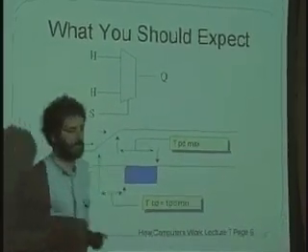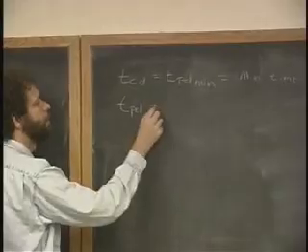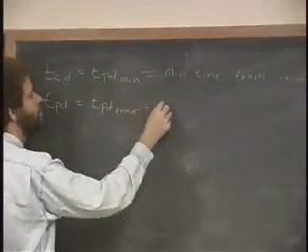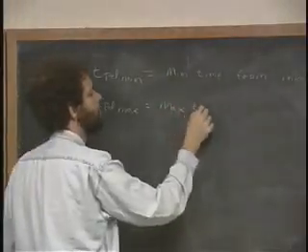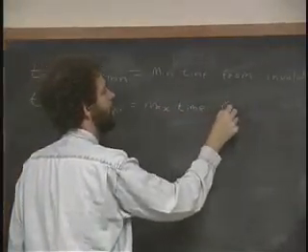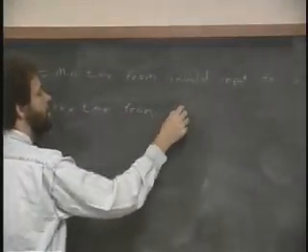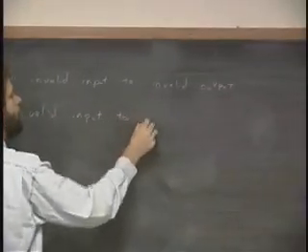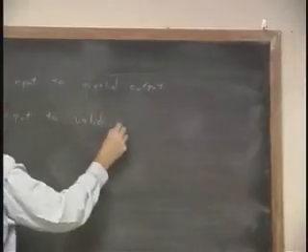On the other hand, the propagation delay, T sub PD, which in the rest of the world is TPD max, is equal to the maximum time from valid input to valid output.